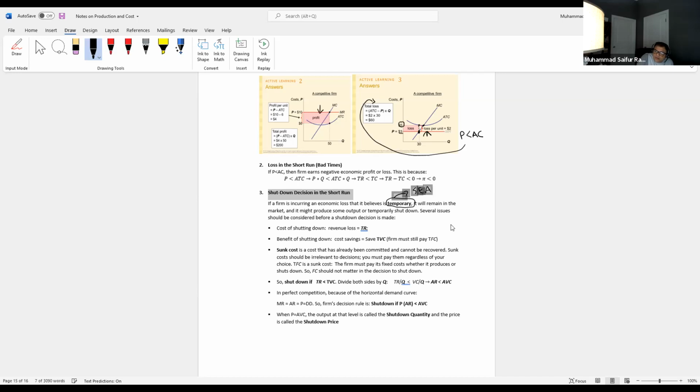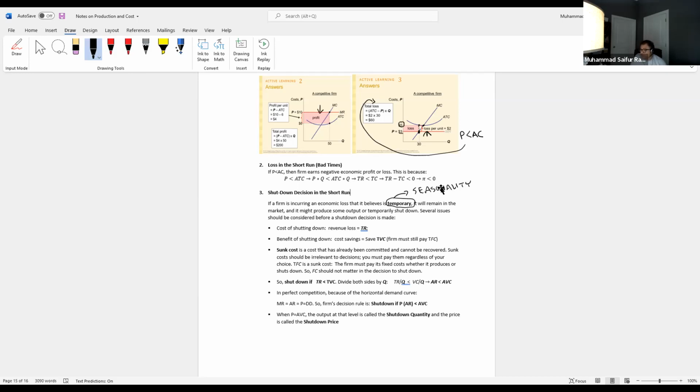Seasonality is an important feature. There are periods or quarters where firms do not make profit because market conditions are not in their favor, so they earn a loss. Does it mean that after earning several quarters' worth of loss, every firm should shut down? The answer is clearly no.